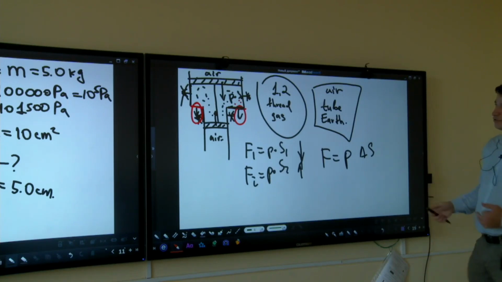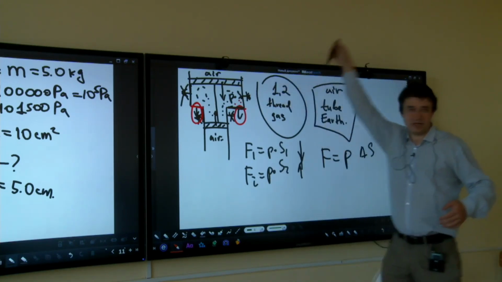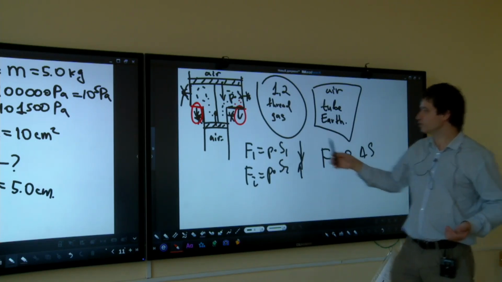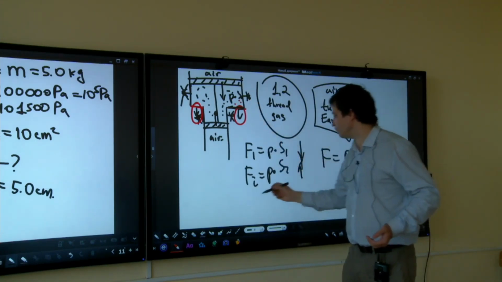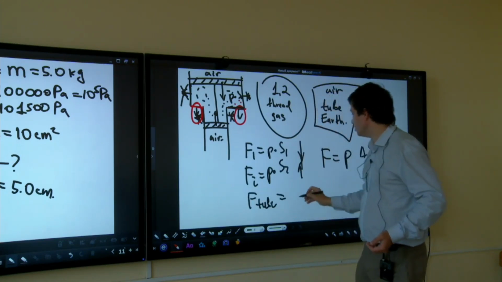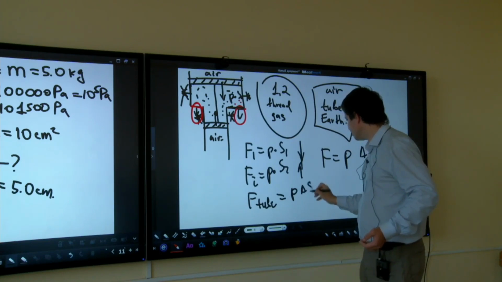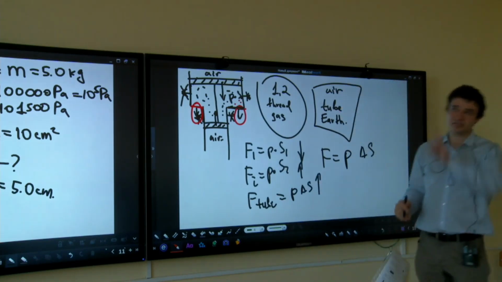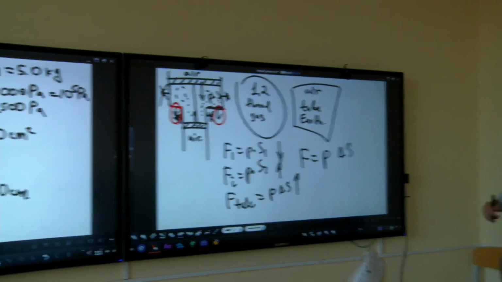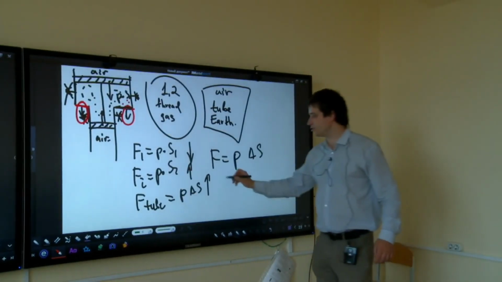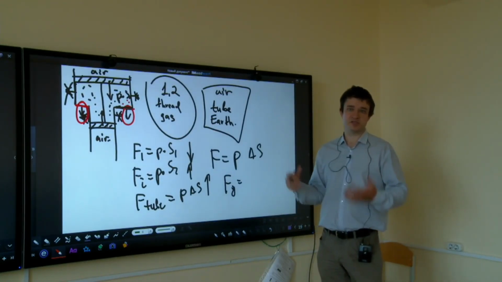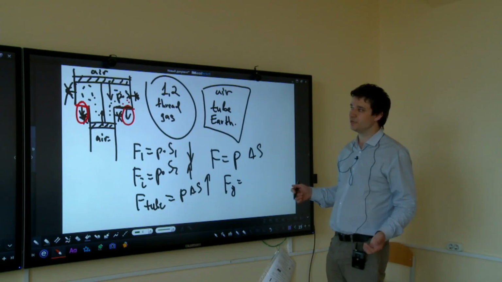And the force exerted by gas acts downwards, but according to Newton's third law, the force produced by the tube equals P delta S, and it acts in the upward direction. Okay, the leftover force is the force of gravity, which is the mass of the system times the gravitational acceleration.